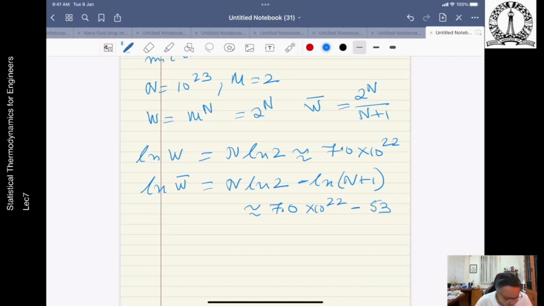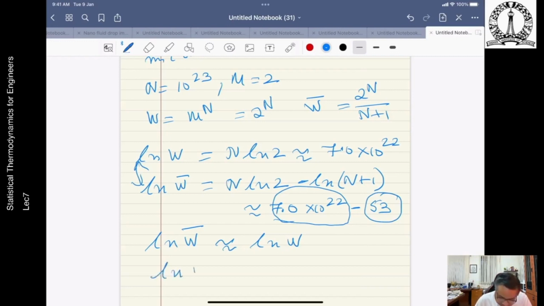So what we can see here is ln W bar is almost the same as ln W, because this particular number is so large compared to this that these two are basically one and the same. In other words, ln W is almost equal to ln W most probable, which is almost equal to ln W bar.